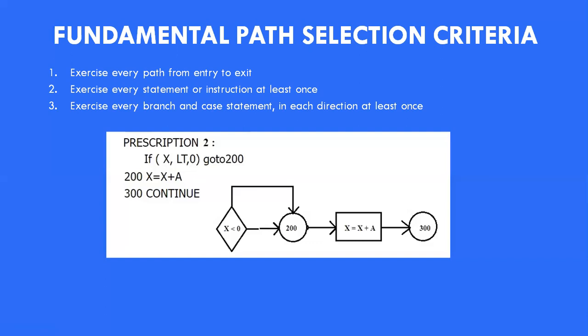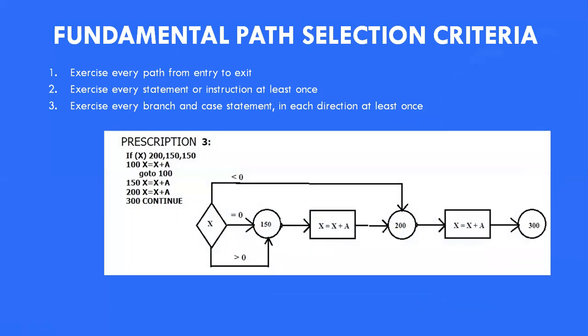Let us see one more, perception 3. If x less than 0, we go to label 200. If it is equal to 0, we go to label 150. If it is greater than 0, we go to label 150. Here we have a label 100, x equals x plus a, then we go to 100.